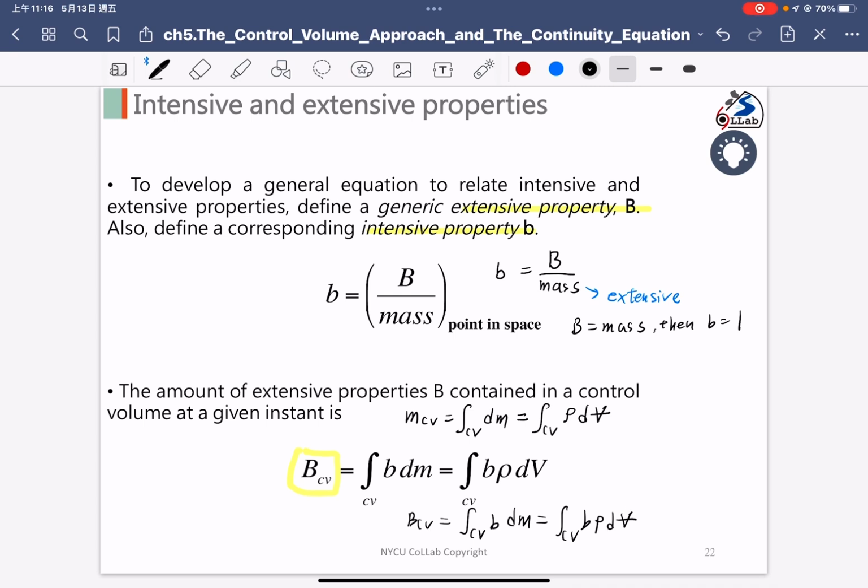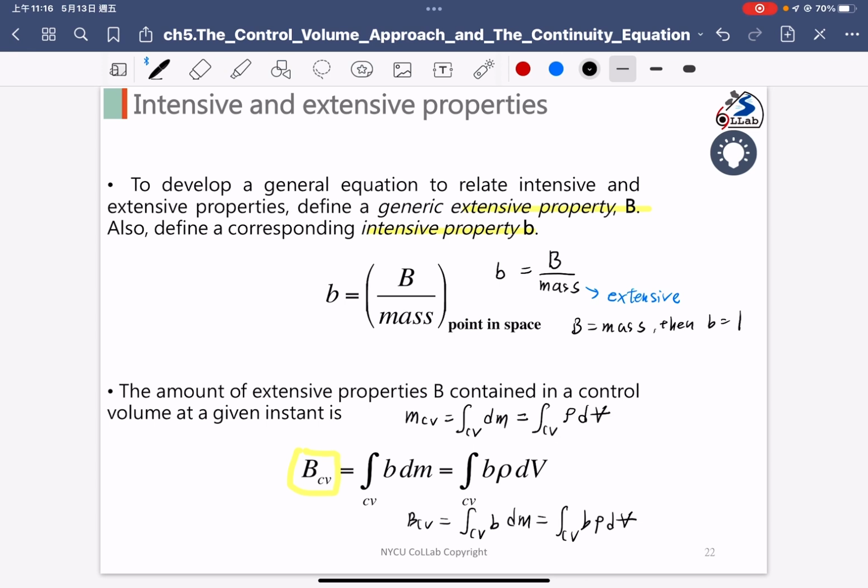Okay, so that's the first one. We need to know how much of the extensive property is inside the CV. CV is our control volume. Why I would like to introduce this parameter is that later we would like to discuss the property exchange along the boundary.